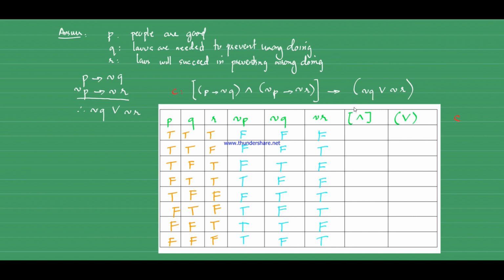Then we're going to do the conjunction. Oh, so we forgot this one too. Oh man, we need to figure out this column also. It looks like we're missing 2 more columns. So we need to have this column.